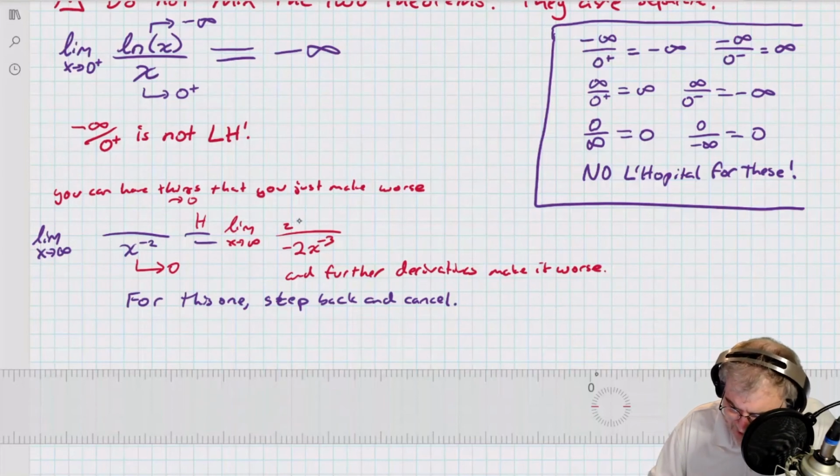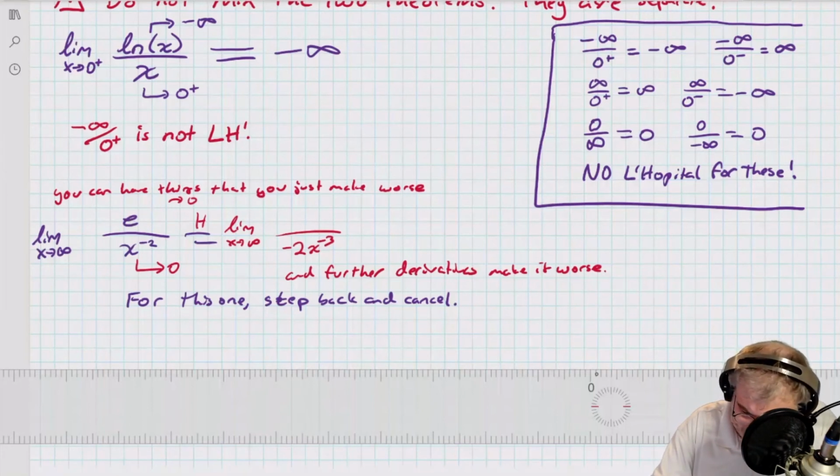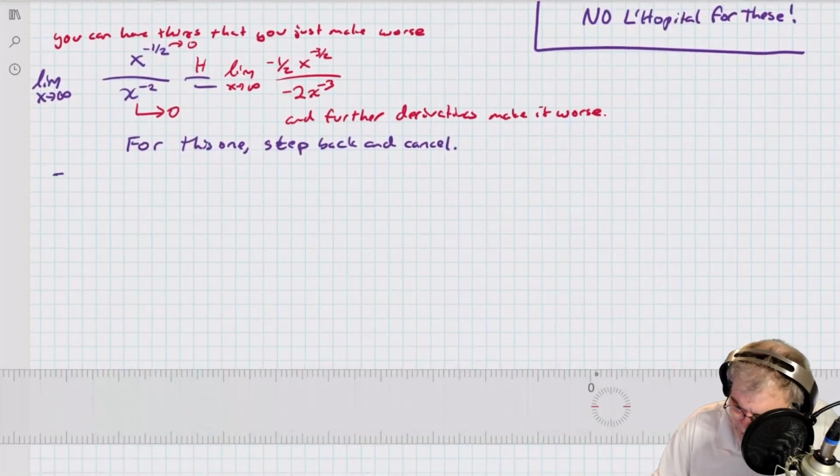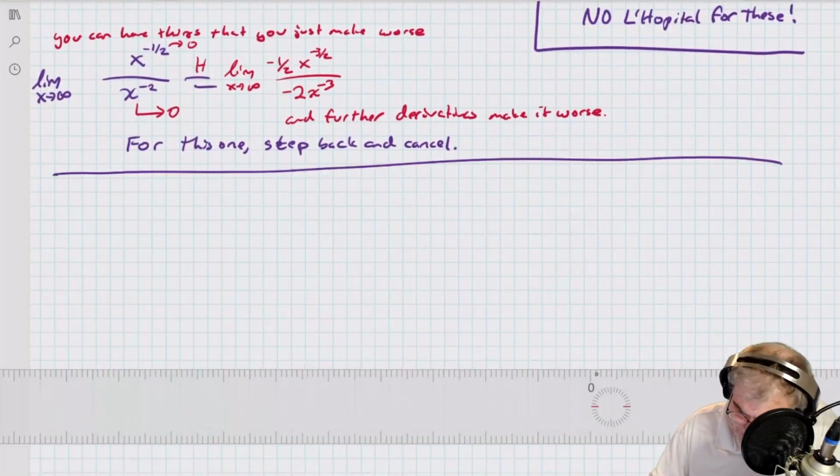Let's say I had e to the negative x over this. Now e to the negative x, as I go to infinity, oh, that goes to 1. Nah, forget about that. Put it back to the other one. Sorry about that. We'll just leave that. I'll have to come up with a better example for that. I should have had one on hand.